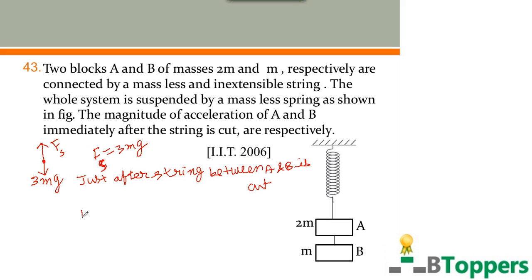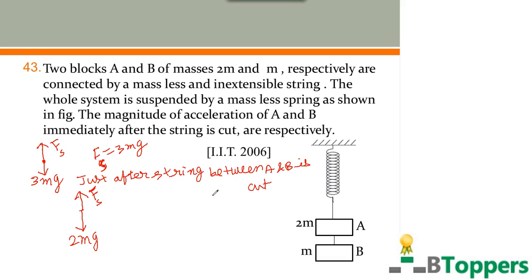The free body diagram for the block A can be written as 2mg downwards, its weight. The elastic force by the spring acts upwards. At the instant just after the string is cut, the spring is not cut. So the magnitude of the elastic force by the spring on the block A will be the same, because the elongation of the spring at that instant is the same as the initial elongation of the spring before the string was cut.